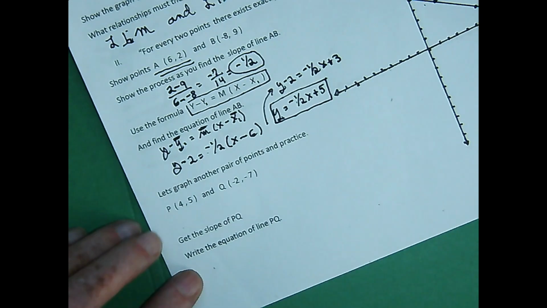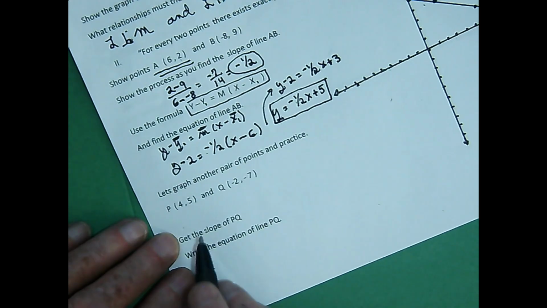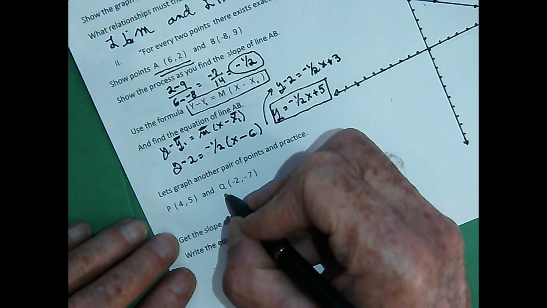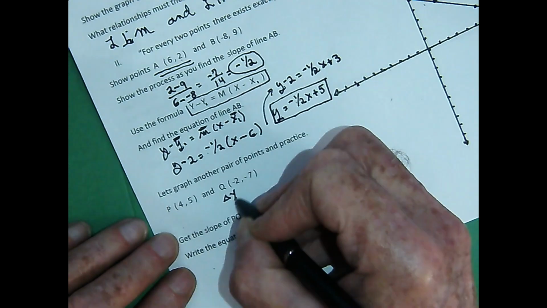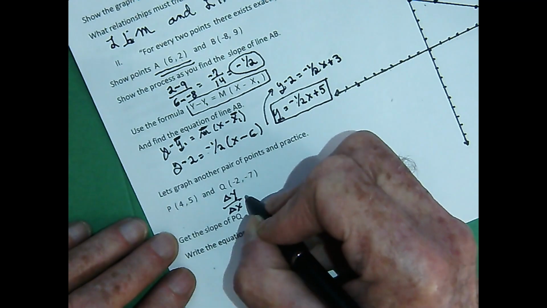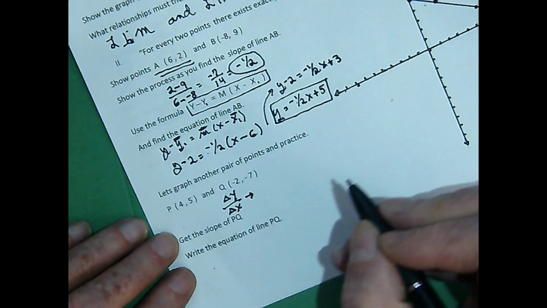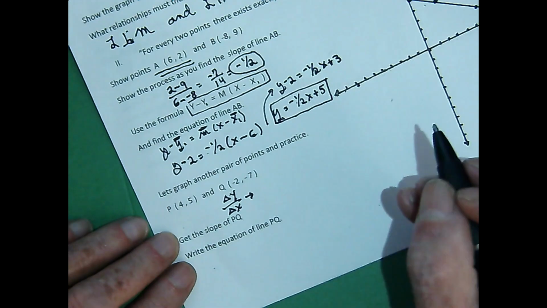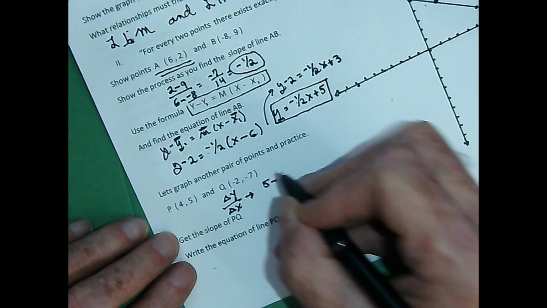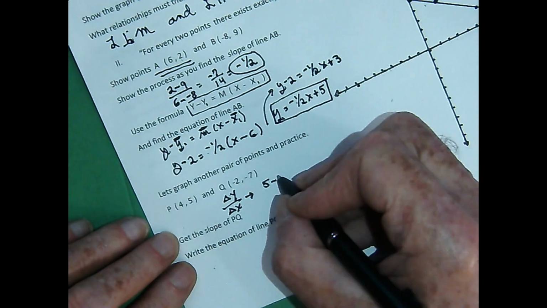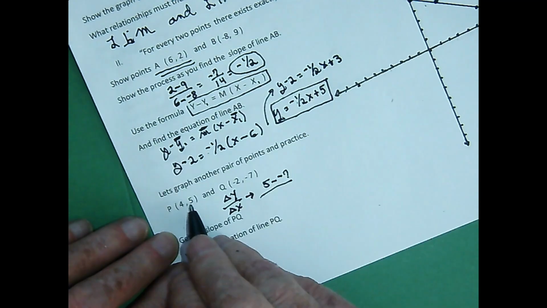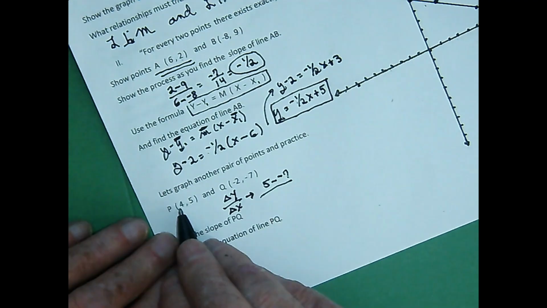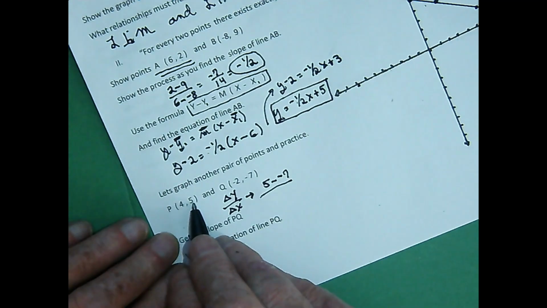The first thing you ever need, whenever you want to graph a line, the first thing you always need is the slope. So let's find the slope between these 2 points. And I'm going to remind you it's delta y over delta x, meaning the change in y's over the change in x's. Let's start with the y-coordinate. 5 minus the y-coordinate negative 7, over, use that y-coordinate first, you've got to use that x-coordinate first.